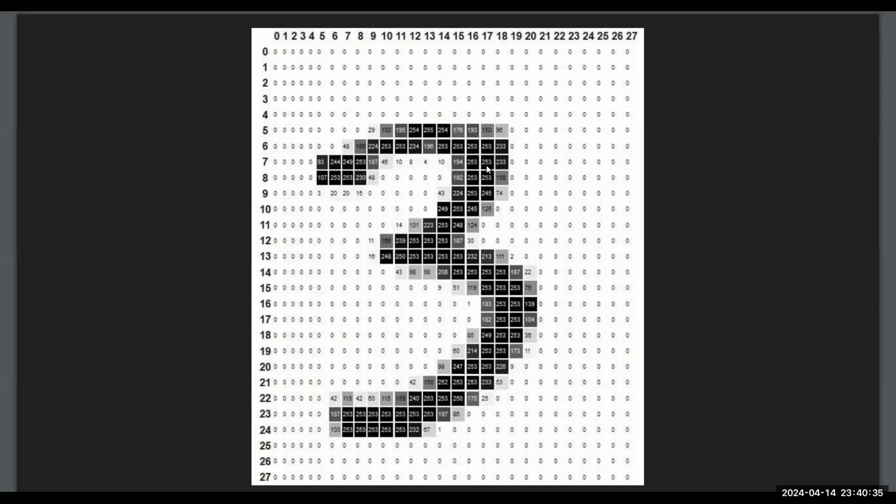We also have more intermediary shades, which are, for example, 193, which is some sort of gray, 150, another sort of gray, but lighter than 193, 96, which is lighter than both 193 and 150, but darker than 0. You get the idea. So depending on how dark or light the shade of black is, a number is assigned between 0 and 255.